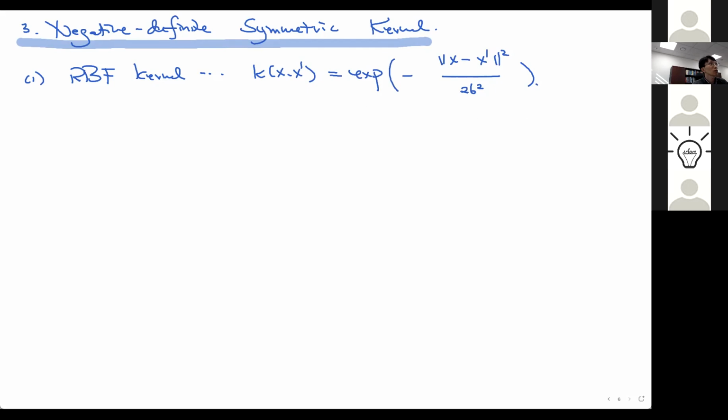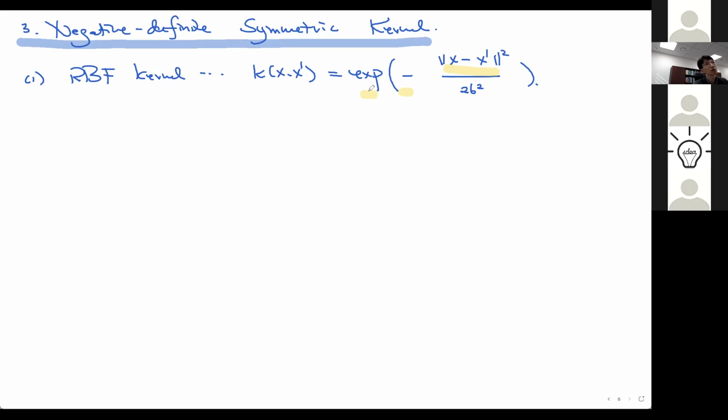But another way of understanding what's going on in the RBF kernel is what I explained before in terms of distance. We compute how two things are related by computing the distance between the two. If the distance is very large, the kernel will have a very small value. If the distance is very small, the kernel will have a large value, by just taking the exponentiation.